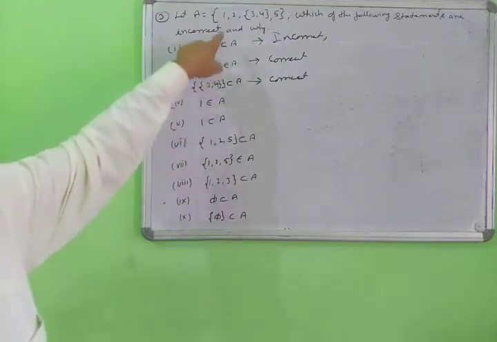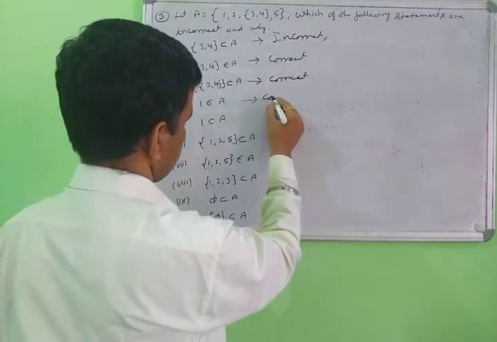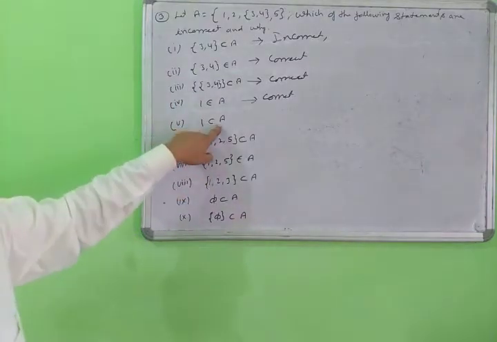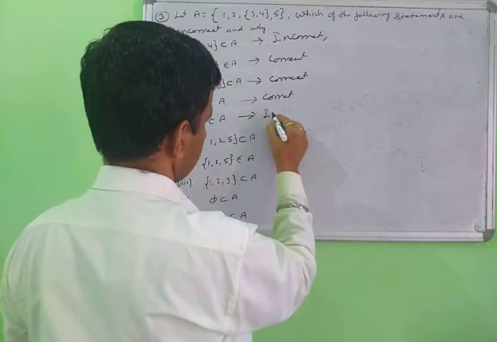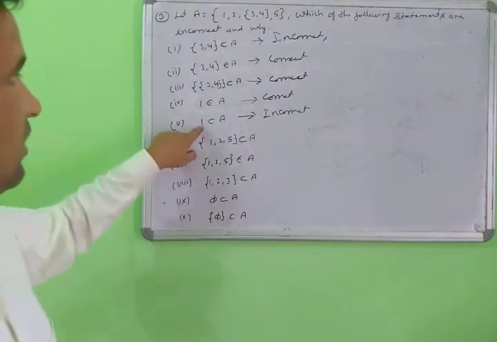Next point: 1 belongs to A. This is the correct form. 1 is a subset of A: this is incorrect. Why is it incorrect?